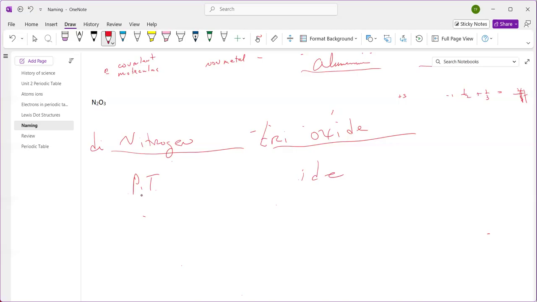So if you saw this, dinitrogen trioxide. Again, you need to go back and forth.